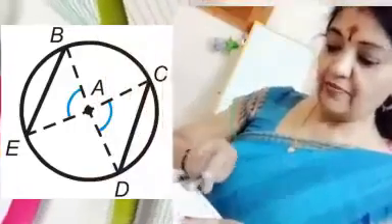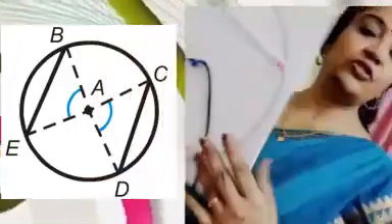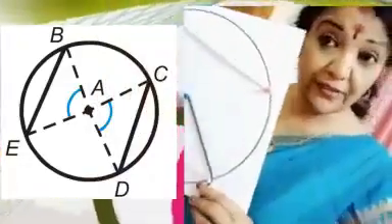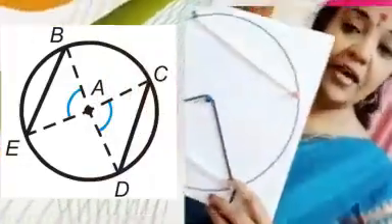That is the first concept: equal chords subtend equal angles at the center.